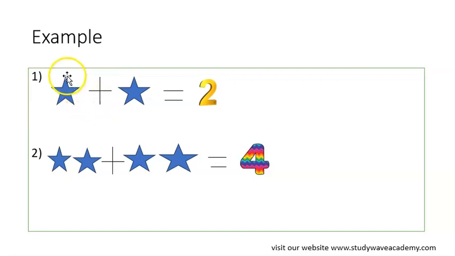So we are going to be adding the first star and the second star together. When we are adding together, we are counting them together. Are you ready to count? Okay. We have one star and two stars. So how many stars do we have?